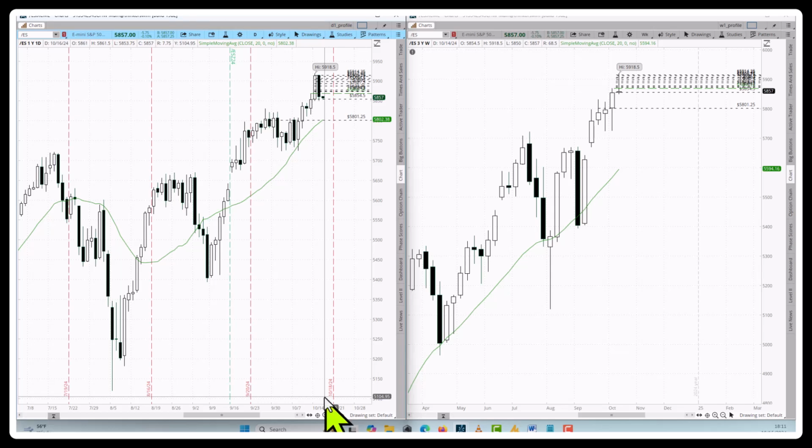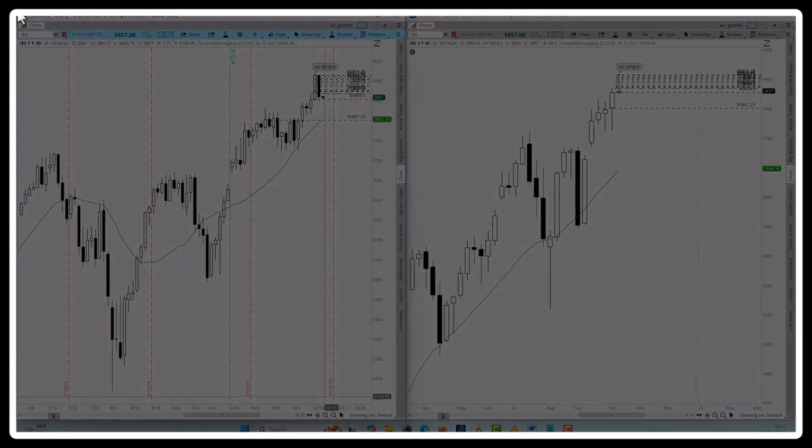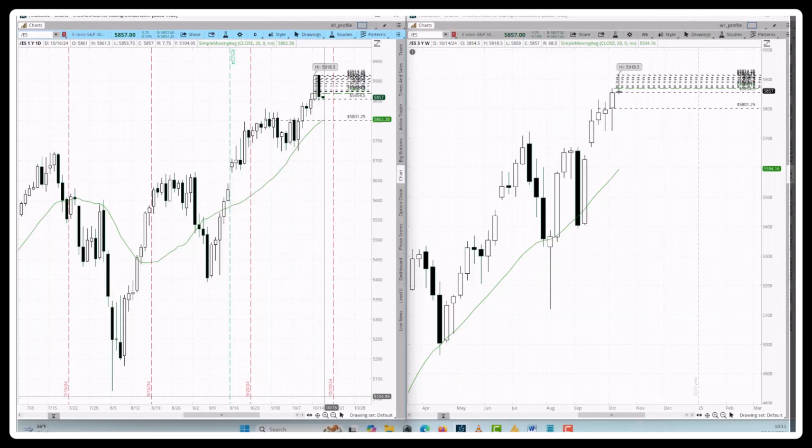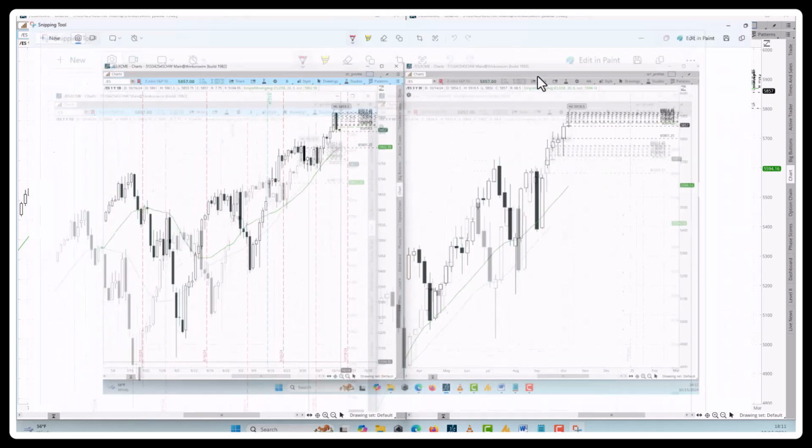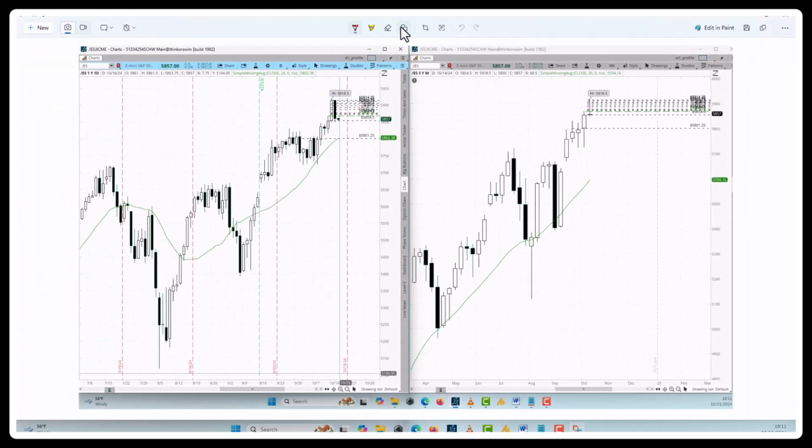Let's take this screenshot and do some annotation right here. So basically we have a reversal right here, and then right here we have a retracement.